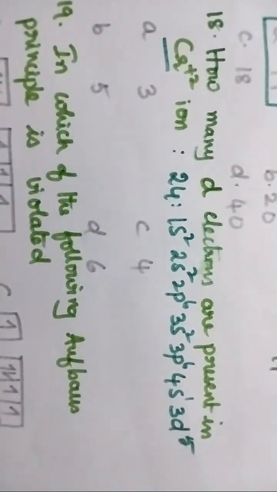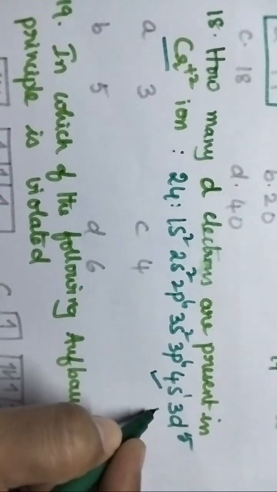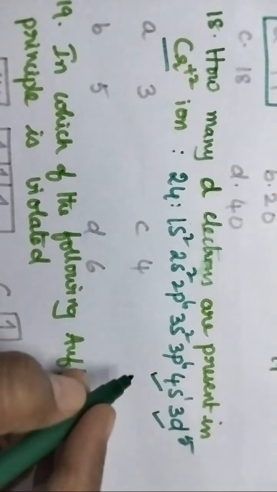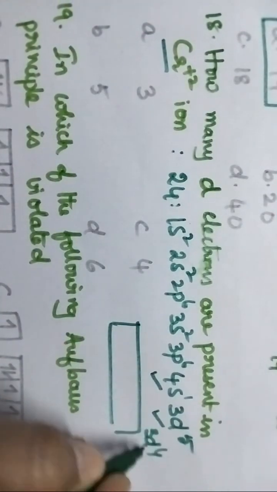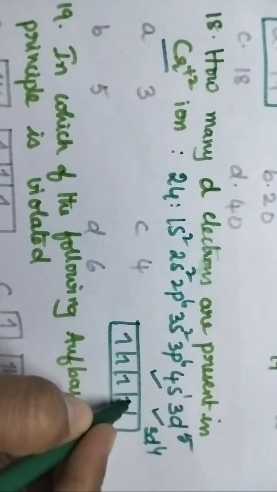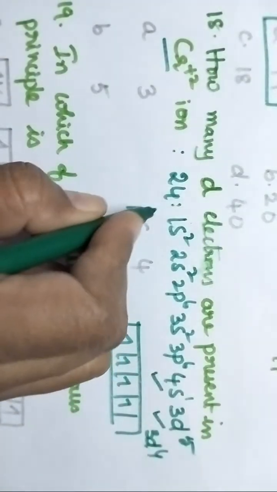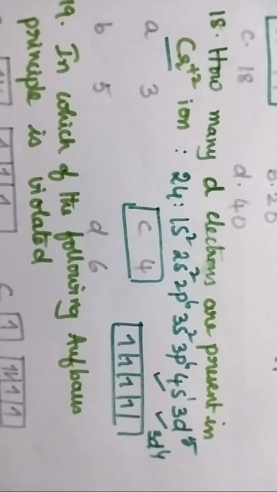For chromium plus 2, 1 electron is removed from the s orbital and 1 from the d orbital. So how many unpaired d electrons will be present? 3d4. How many? Option C. 4 unpaired d electrons are present.